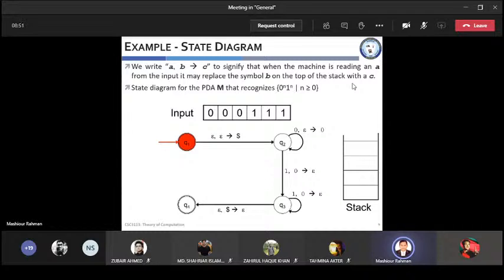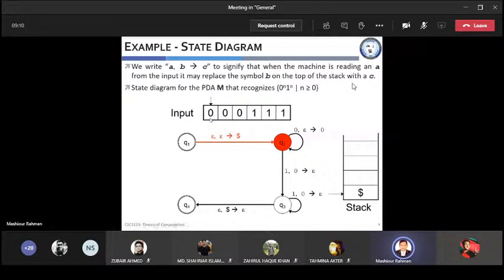So this represents no input, no pop. We just want to push a dollar symbol and move to Q2 from Q1. So we are going to move from Q1 to Q2, just pushing the dollar symbol into the stack. You can see the dollar is already here in the stack.